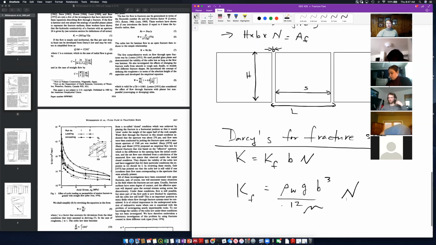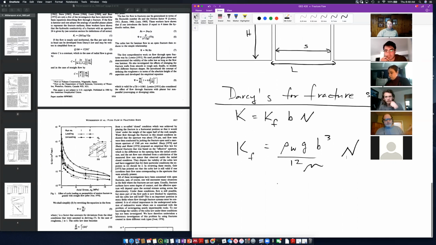Let's think about how we could figure out N from the fracture spacing and the aperture. Well, if we have some unit length here, we're going to have a number of fractures per unit length. Well, I'm not going to get there yet. Okay, so a couple important observations.